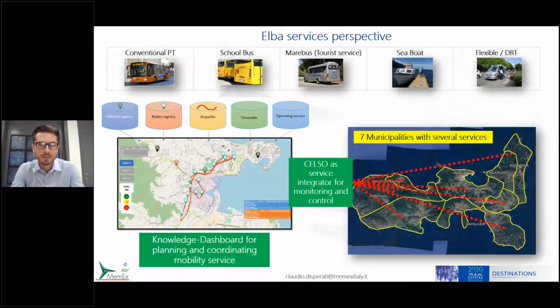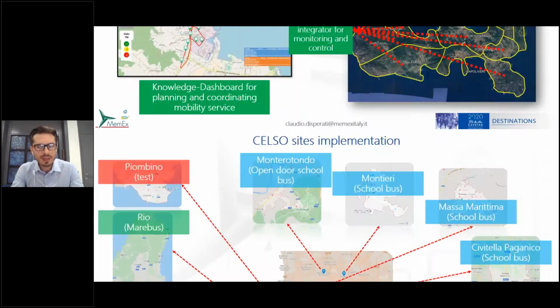And this will be possible thanks to CELSO, because CELSO can work as a service integrator to monitor and control the service, and furthermore, CELSO is able to provide a knowledge dashboard to plan and to coordinate the mobility service.